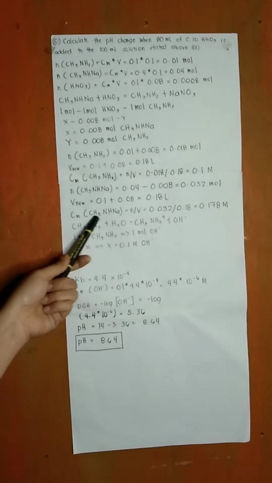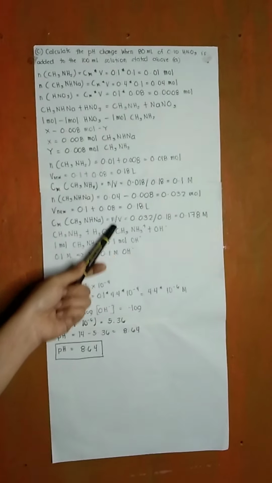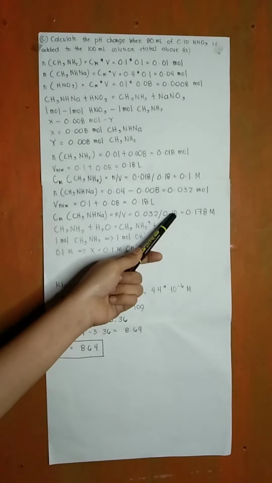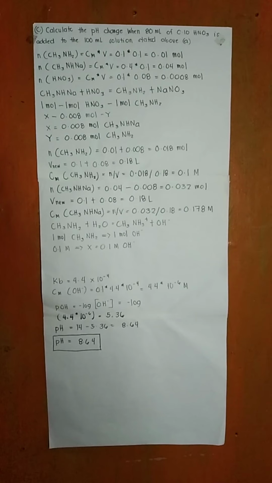Cm of CH3NHNa equals N divided by V equals 0.032 divided by 0.18 equals 0.178 molarity.